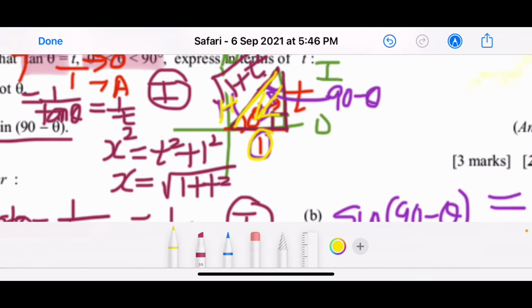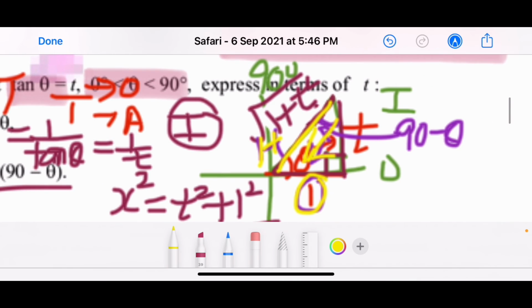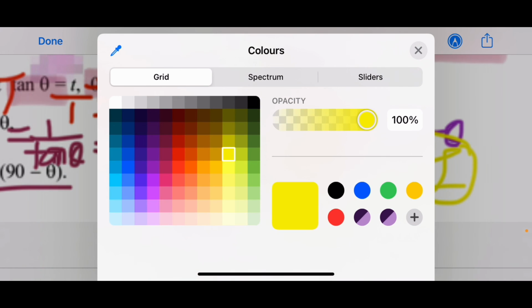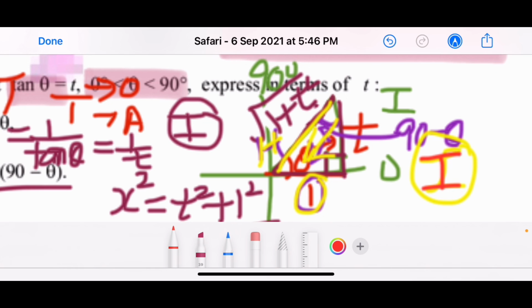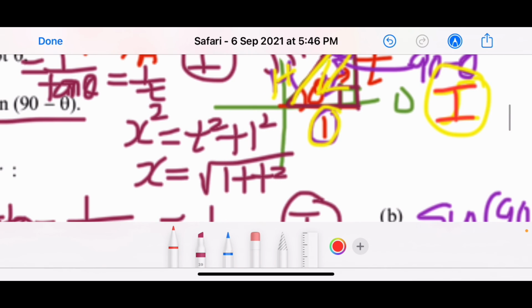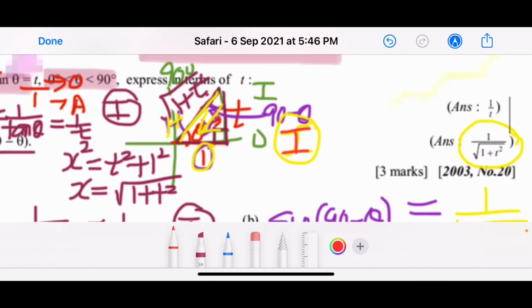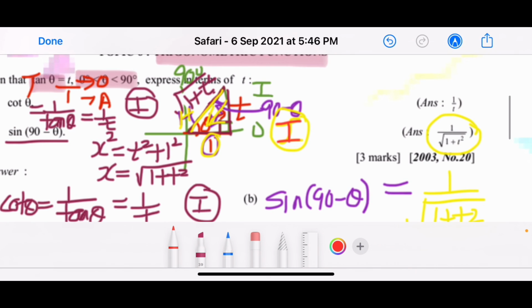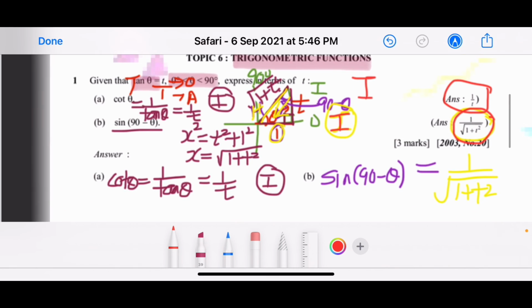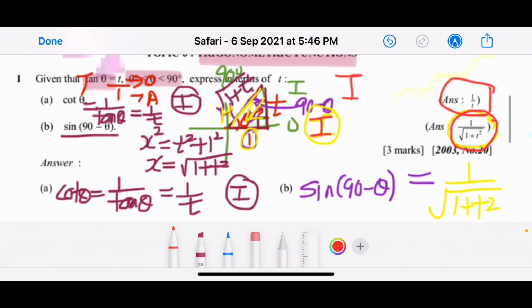Why? Because it's at the first quadrant. That is why it is positive. Remember to double check. So the answer is quite simple. We get the answer, both are positive because it happened at the first quadrant from 0 to 90. That is how you solve the trigonometric function.